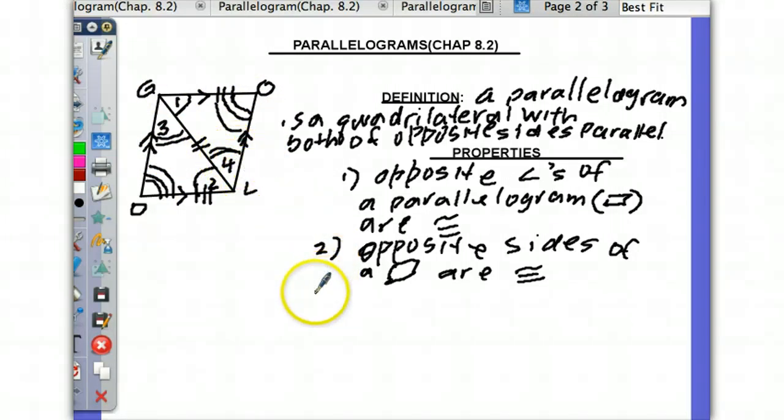Okay? What else can I come up with concerning a parallelogram? Maybe I'll have to redraw and show you another feature. Let's see if there's anything else I'm missing. Let's take another parallelogram. Let me just draw one real quick here.